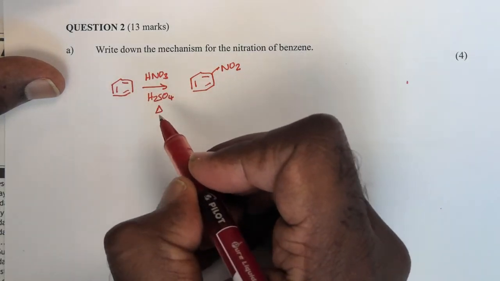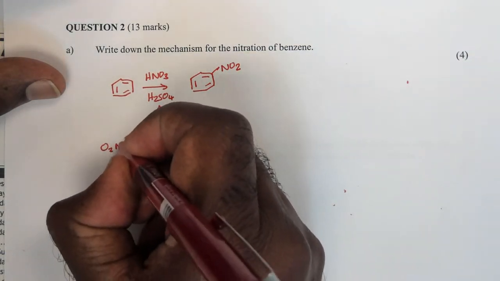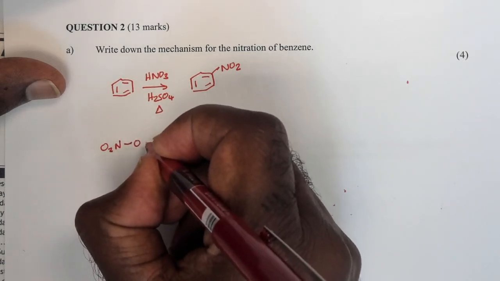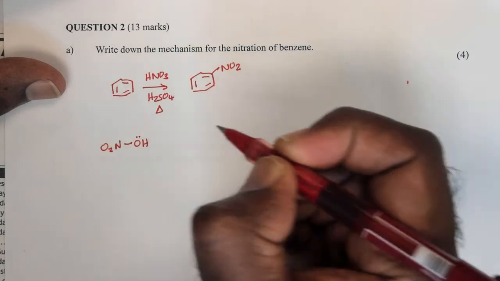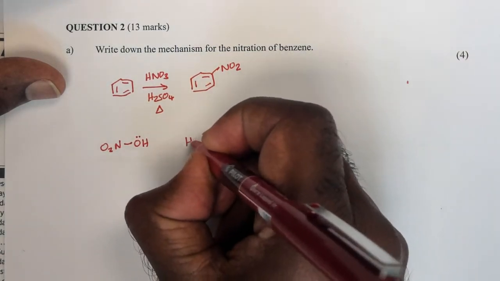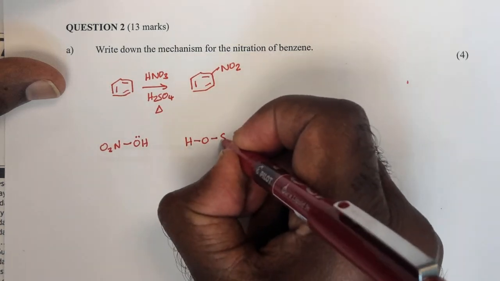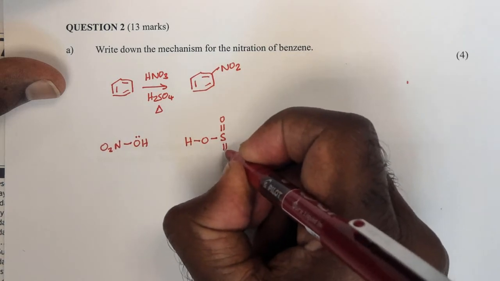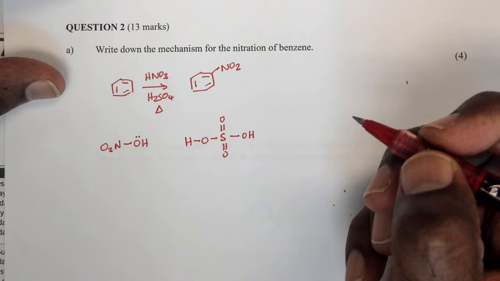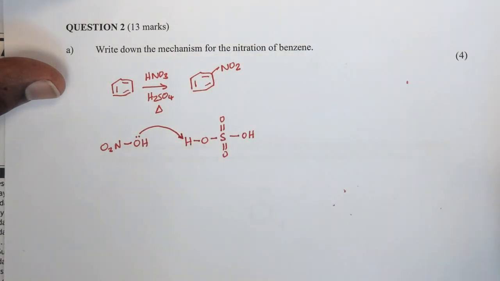So if I look at nitric acid and sulfuric acid and how they interact, I know that very importantly it takes place between the lone pair on this nitric acid, and that first abstracts a proton from sulfuric acid. The structure of sulfuric acid is this.